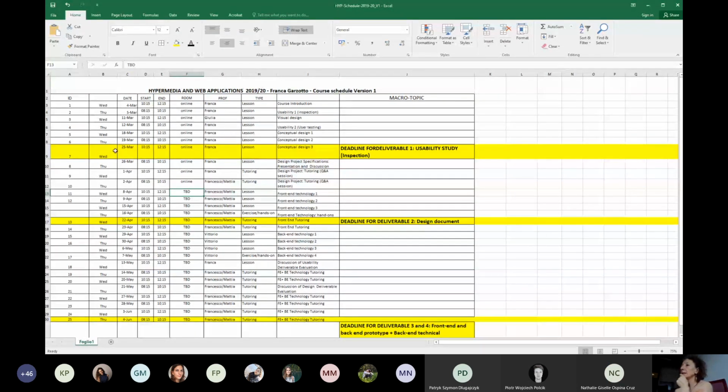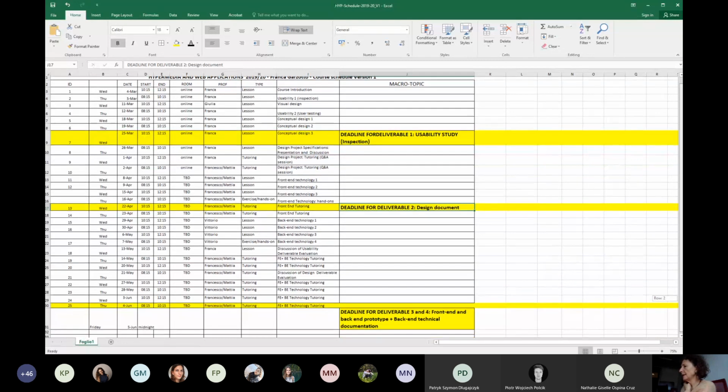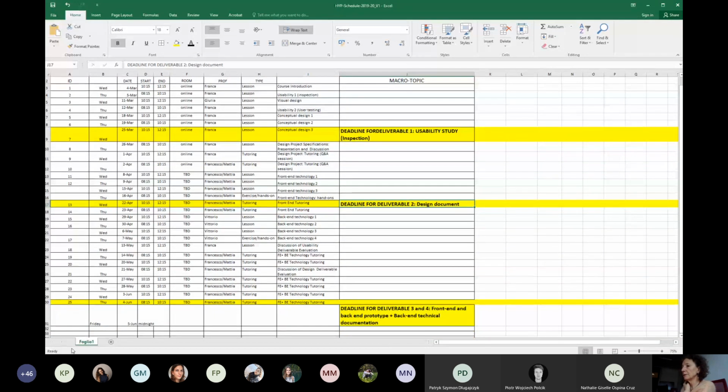The deadline for deliverable one, the first usability study on inspection, is set on 25th of May. So you have 2 weeks from now. While for producing the design document for your mockup, for your prototype, it has been set 1 month later, 22 of April. And then the deadline for the real prototype is the day after the end of the course. So this is the general schedule.